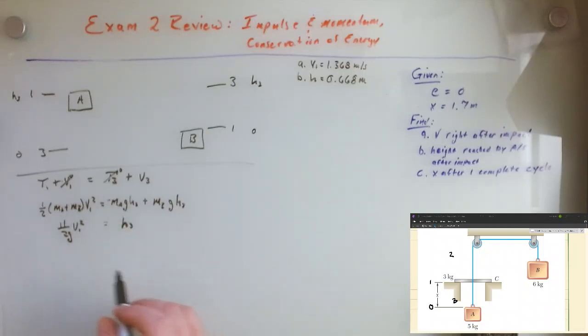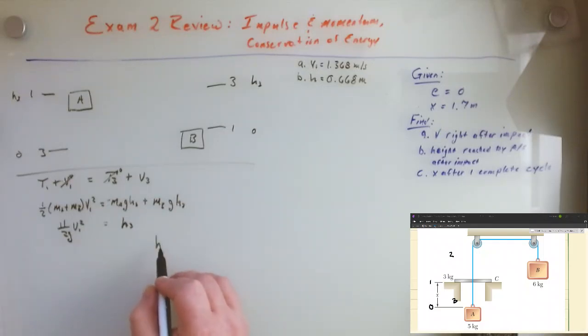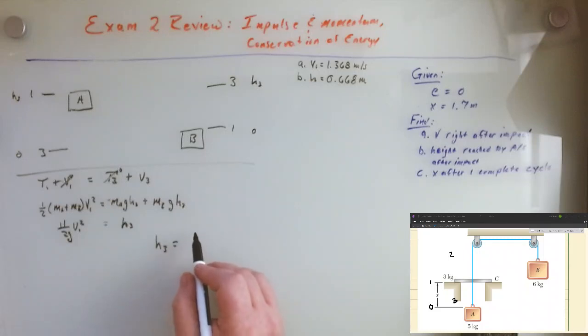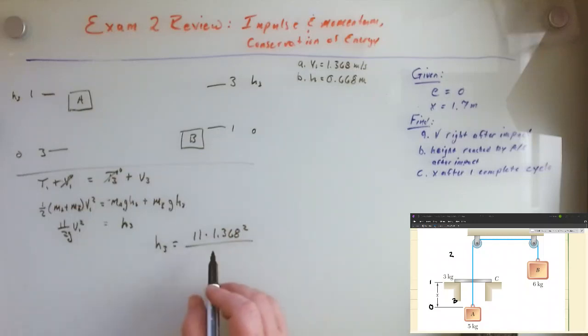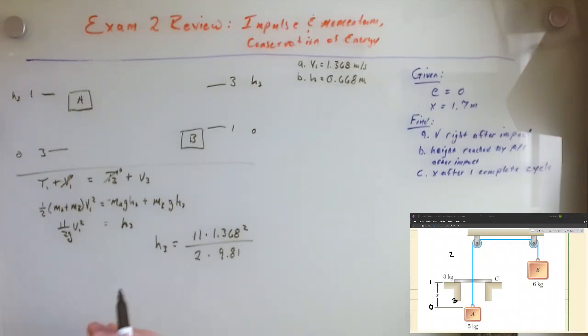Put back the poor half of H3 that I took with me. And what do we have? We have H3 is equal to 11 times 1.368 squared over 2 times 9.81. Right, and notice that interestingly enough, the only difference between this outcome and the last one was that in the last one this is 14, I believe.